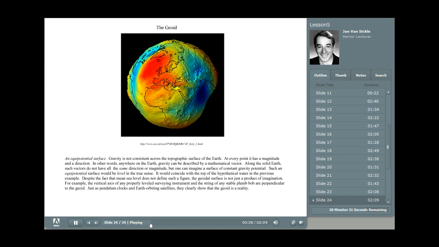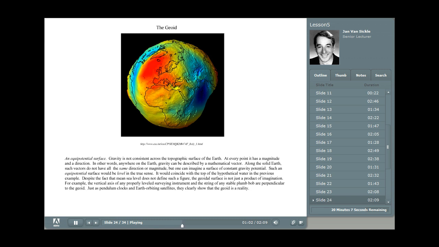In other words, anywhere on the Earth, gravity can be described as a vector. And such vectors don't have all the same direction and magnitude, but you can imagine a surface that does have a constant gravity potential. And this would be the level surface in the truest sense.